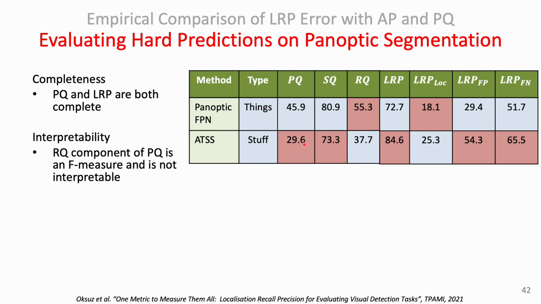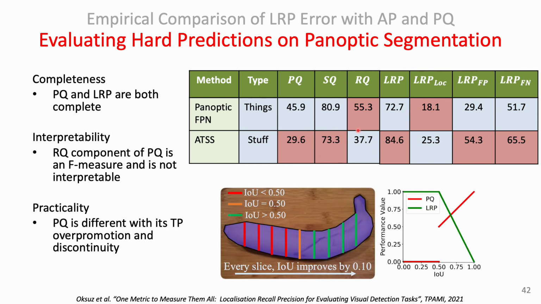However, PQ uses an F measure in the recognition component, which is not interpretable in terms of precision or recall. Finally, in terms of practicality, panoptic quality has certain limitations. As we noticed before, panoptic quality over-promotes true positives, and there's a discontinuity in PQ values.